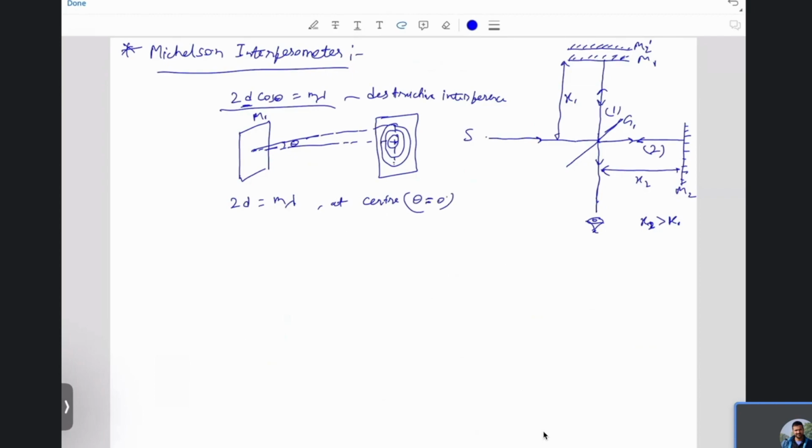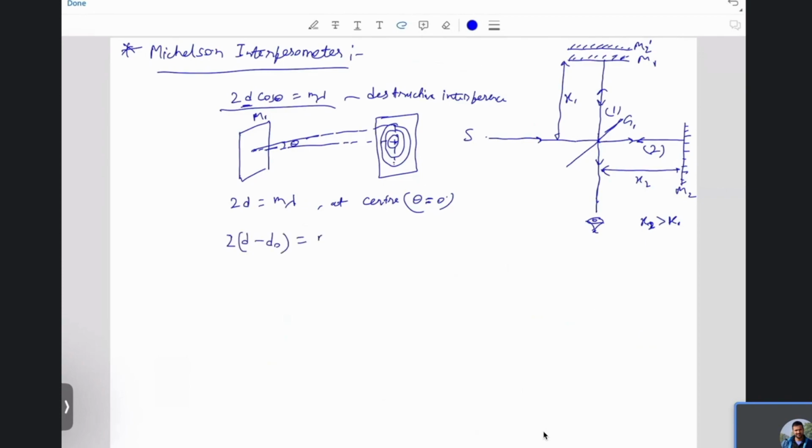And now, if you increase the distance between these two mirrors, suppose you move the mirror M1 by distance d0, then you will have 2(d minus d0).